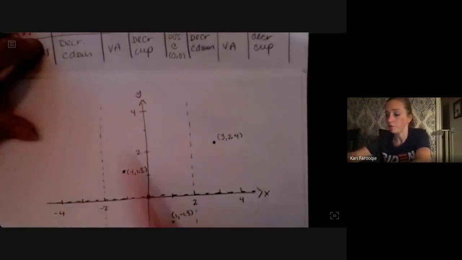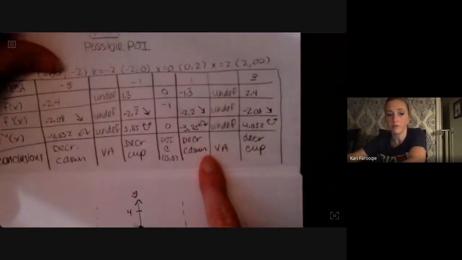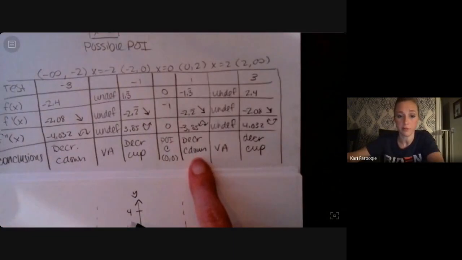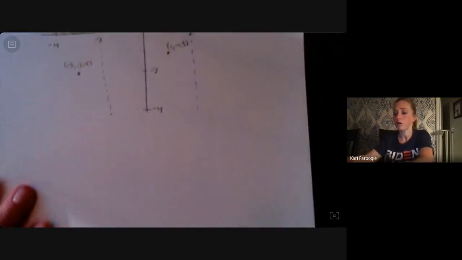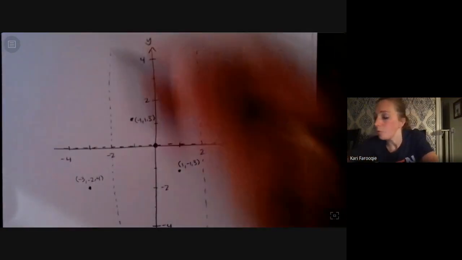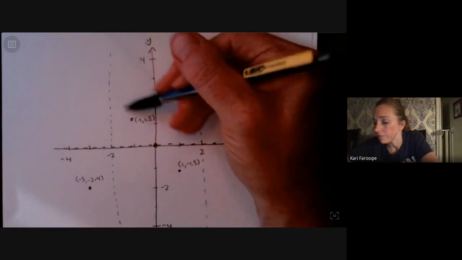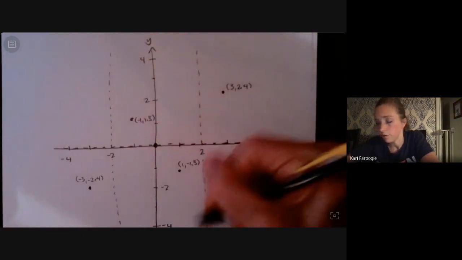If you want to go ahead and graph this middle segment first, I think that'll be the easiest one to do. You know that from -2 to 0, you're decreasing concave up. And then from 0 to 2, you're decreasing concave down. The whole time you're decreasing, it's just that you go from concave up to concave down at the point of inflection at 0, 0. So we're going to be concave up on this left side interval and concave down on the right.